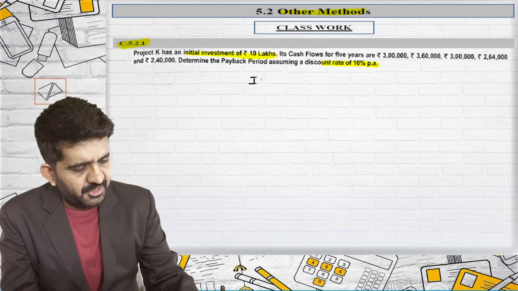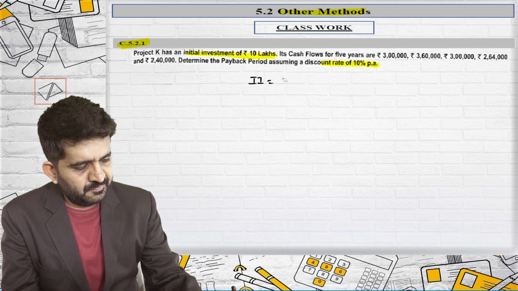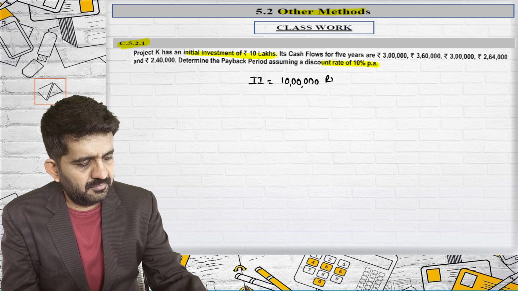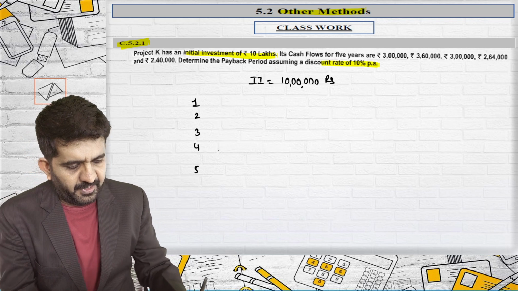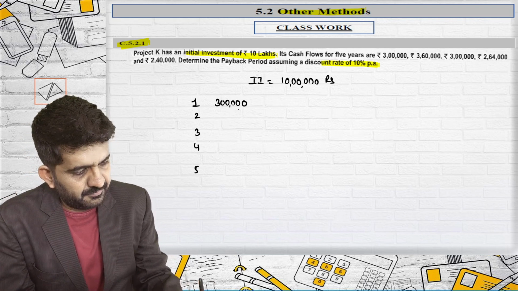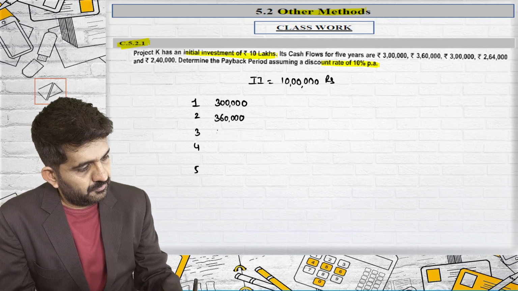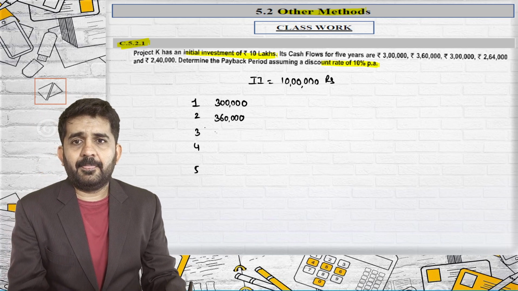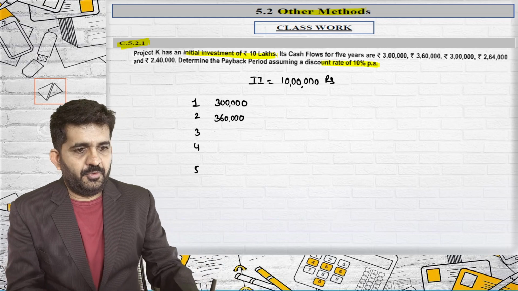Let us understand, initial investment is 10 lakhs. One, two, three, 4, and 5. The cash flows are 3 lakhs, 3,60,000. Let us continue.